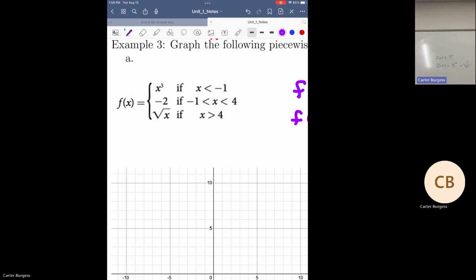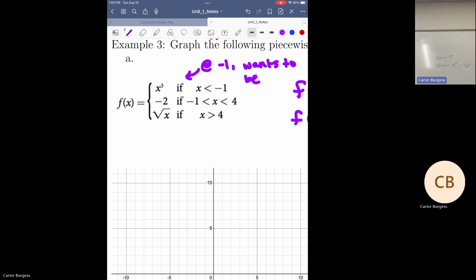Now, what is our top function doing, or what would it like to be doing at -1? Essentially, if I were allowed to plug -1 into that top equation, what would I get?